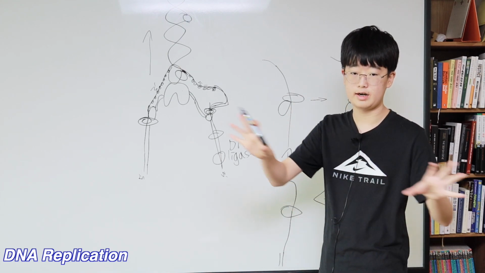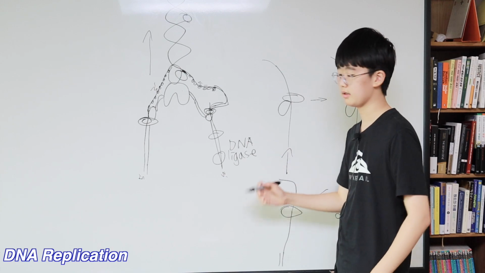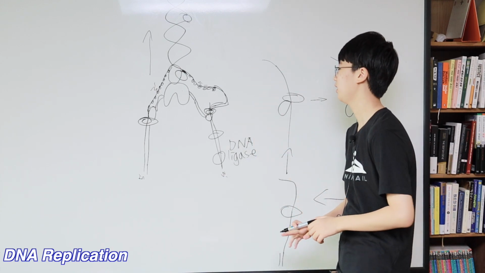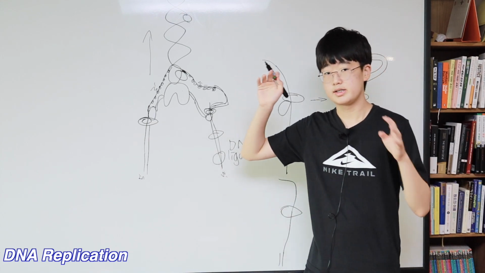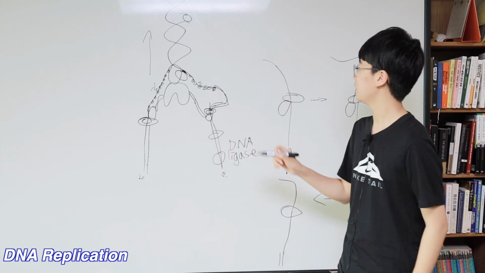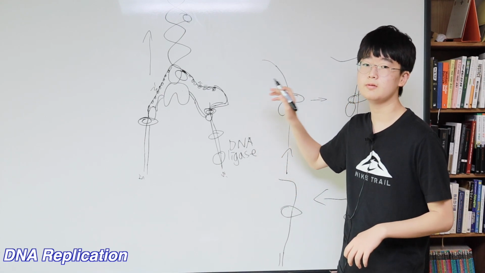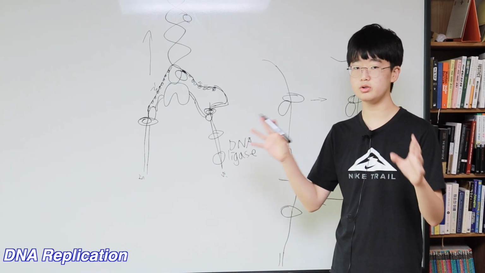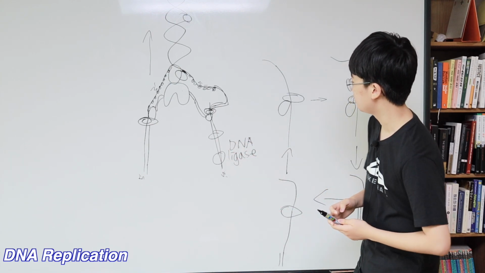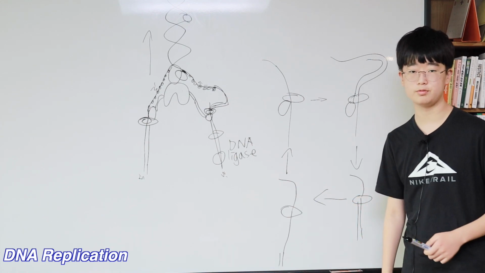Each Okazaki fragment is not put together yet, and the DNA ligase puts them together. And then when all the things have ended, the proteins now leave the DNA alone, and there are two DNAs now. So the DNA has been successfully replicated.